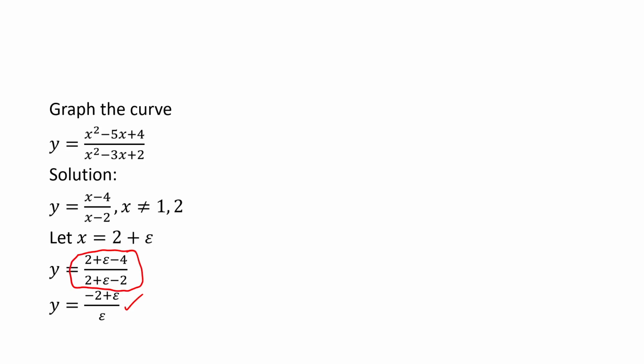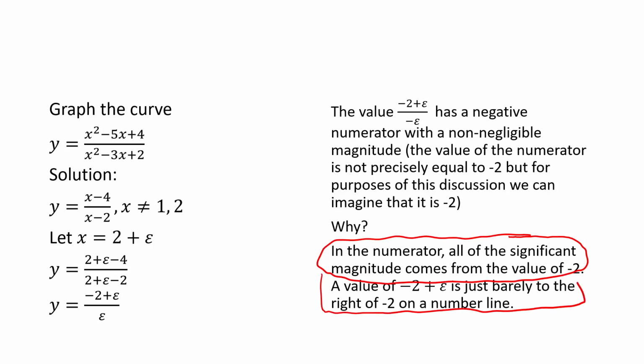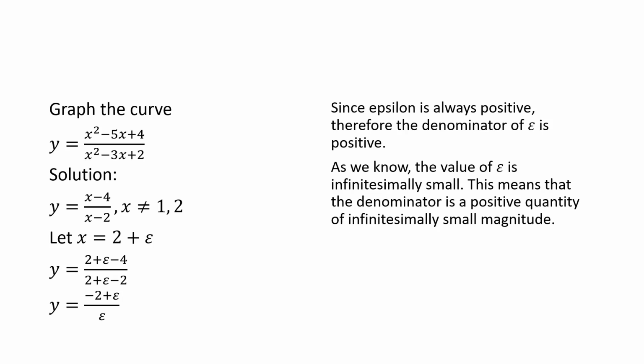So let's picture this. We've got a numerator where all of the significant magnitude comes from the value of -2. A value of -2 plus epsilon is barely to the right of -2 on a number line.